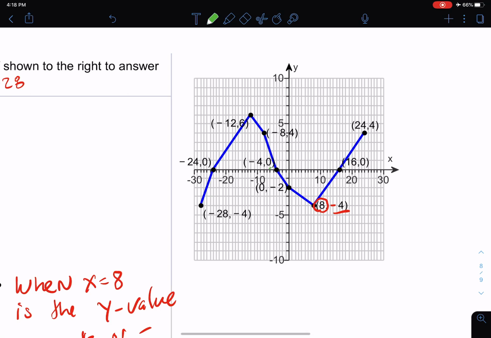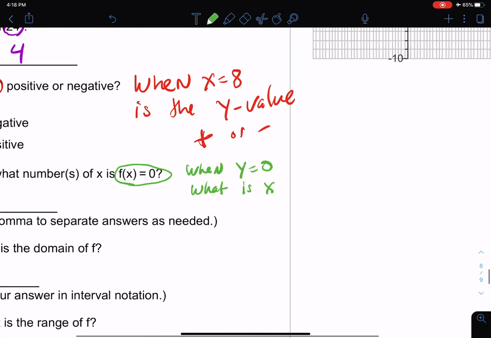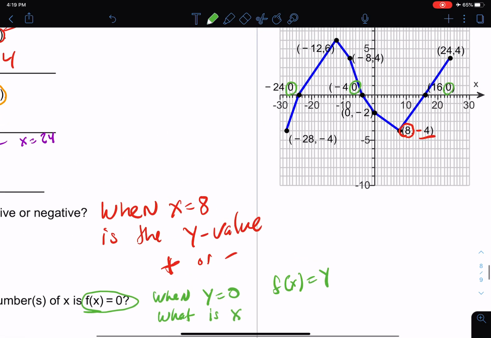Actually, y equals 0 here, here, and here. So you're going to have 3 x values that go with an f of x equaling 0. Remember f of x is the same as y. So if they say when f of x is 0, we're saying when is y 0? And when y is 0, what is its x ordered pairs? And we've got 3 of them.